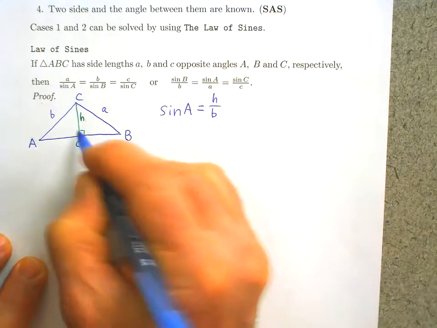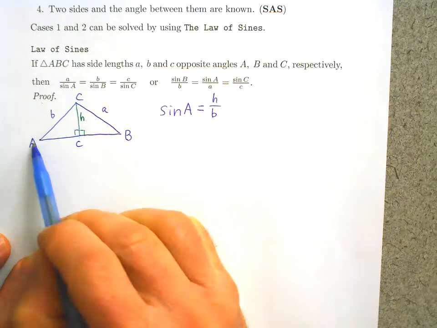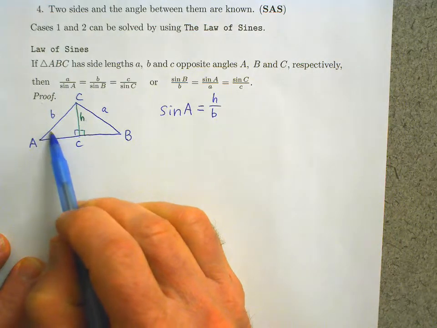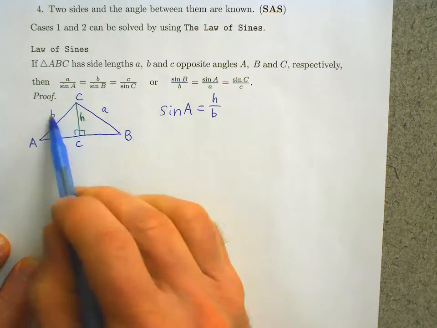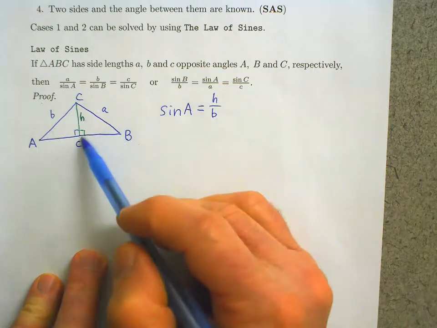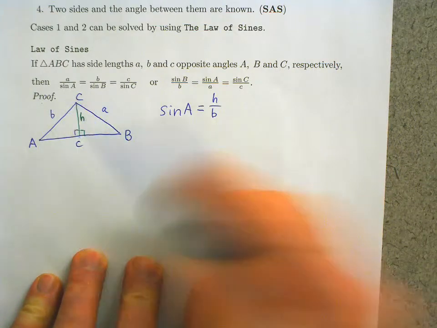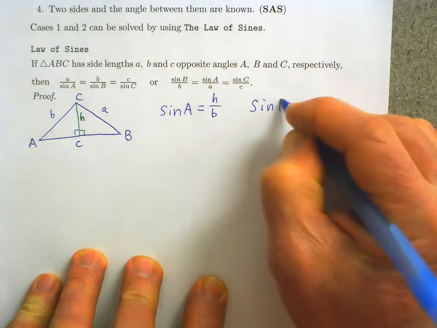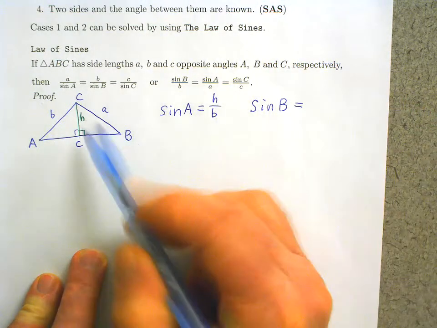If we just focus on the right triangle on the left, the sine of angle A is h over b. But in the right triangle on the right-hand side, we can also write the sine of angle B is h over a.